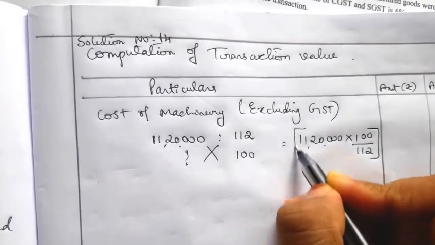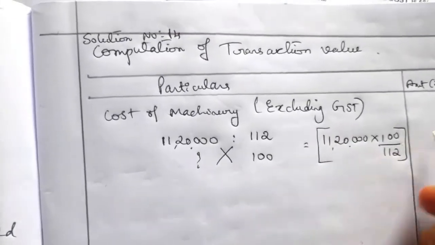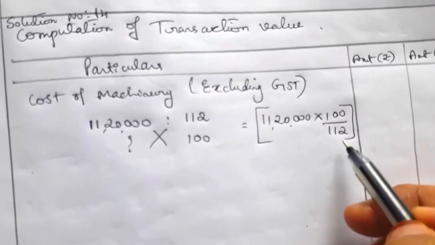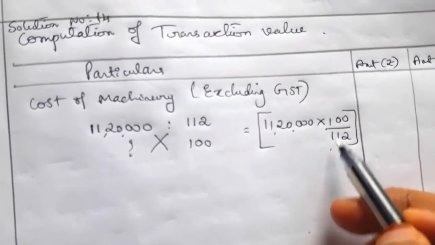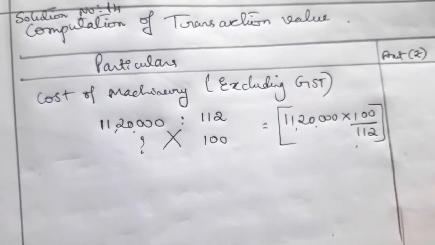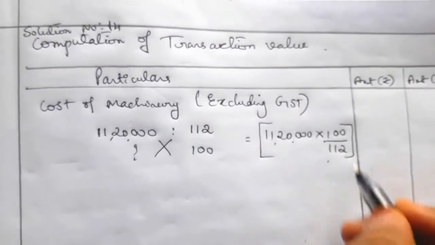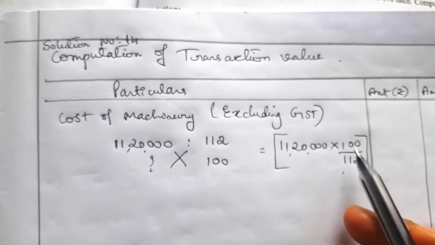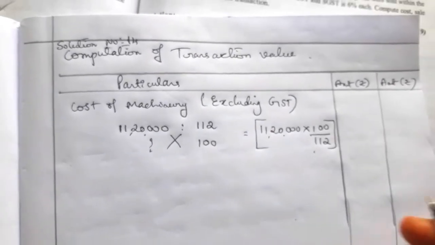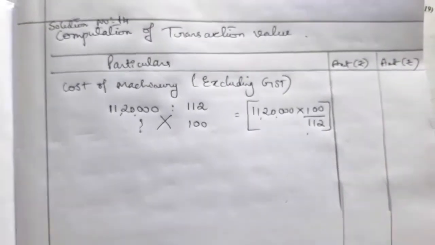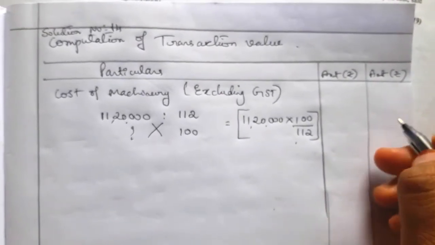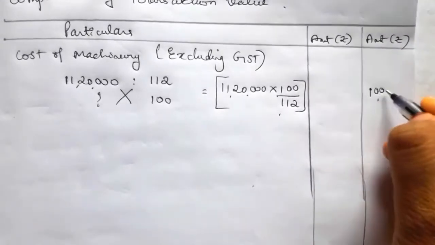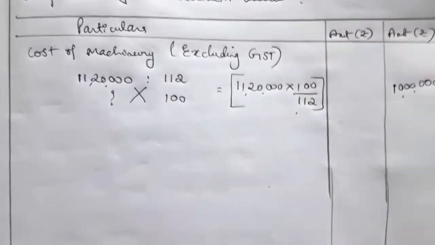Remember, when they give including GST, we take the given value into 100 divided by 100 plus the tax rate applicable to that machinery. If it is a 5% tax rate, then 100 divided by 105. So 11,20,000 into 100 by 112 is equal to 10 lakh. This is the cost of machinery.